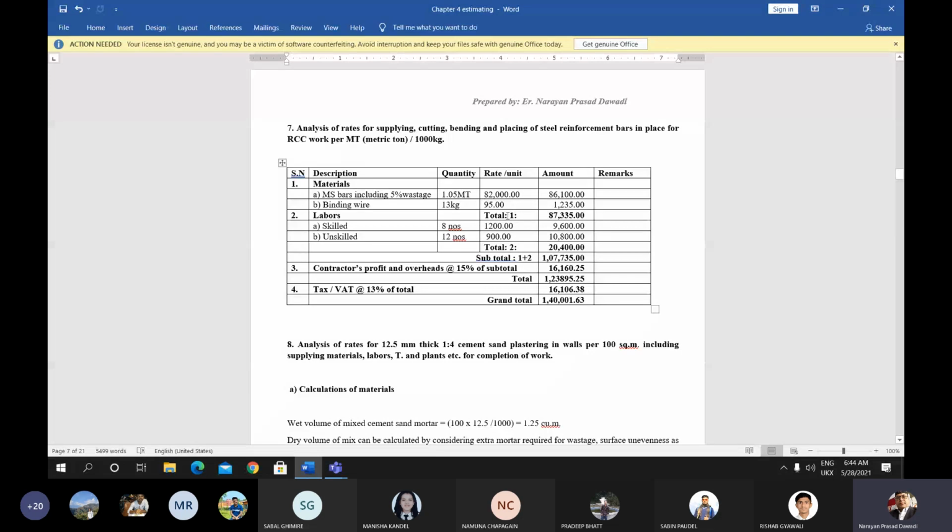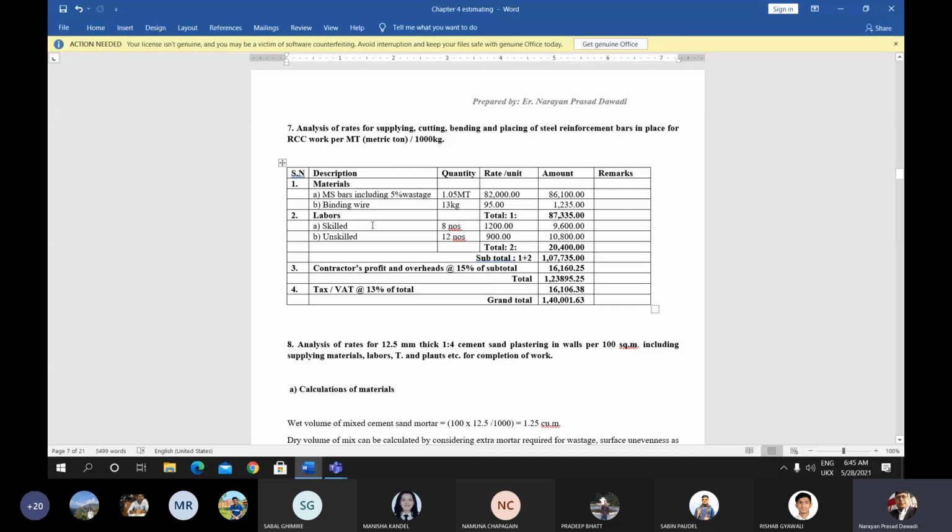You can take it as between 95 and 100 rupees also. This is the average rate of the binding wire. Now after multiplying 13 and 95, we get the value of 1235 rupees. Add both these material costs, you get the total cost for the material as 87,335 rupees.